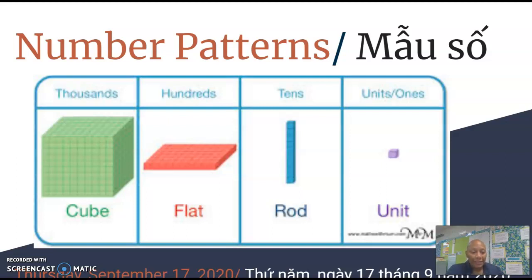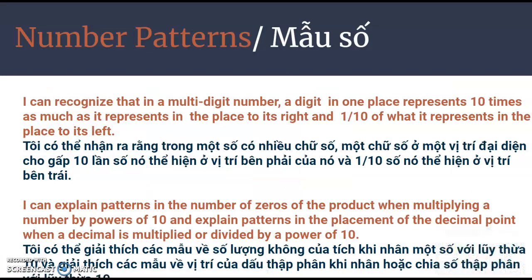All right, we're going to continue with our number patterns. We will be recognizing that in a multi-digit number, a digit in one place represents 10 times as much as it represents in the place to its right, and 1/10 of what is represented in the place to its left.